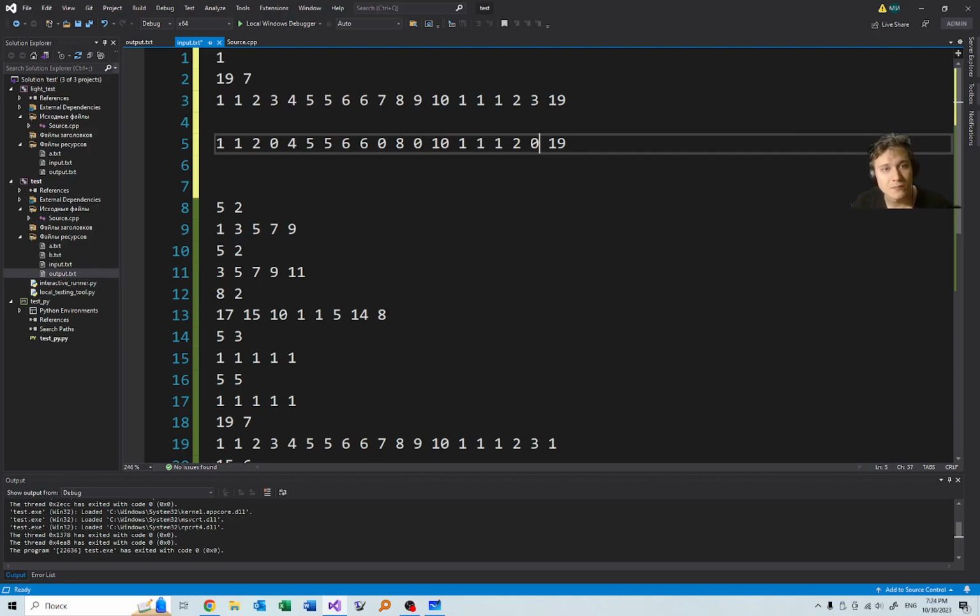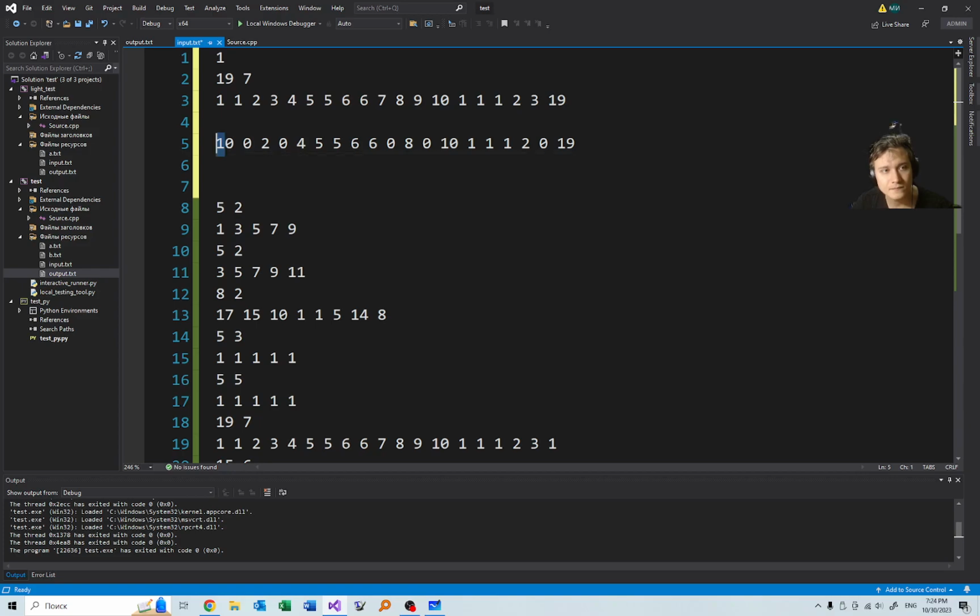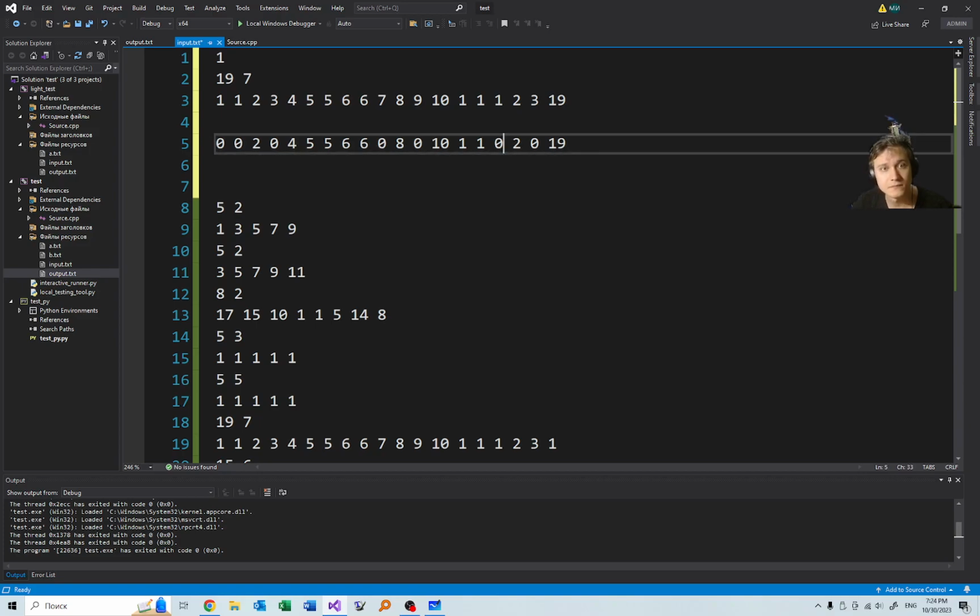Yeah, now I have 3 operations more and I sort all blocks of ones in increasing order. I start with this one and I make it 0 and 0. And then I make 0. I understand what happened. I don't want to look at the segments of ones which touch the border.